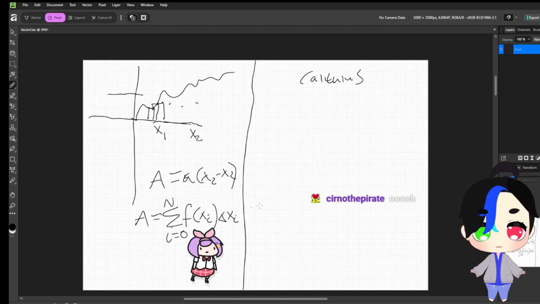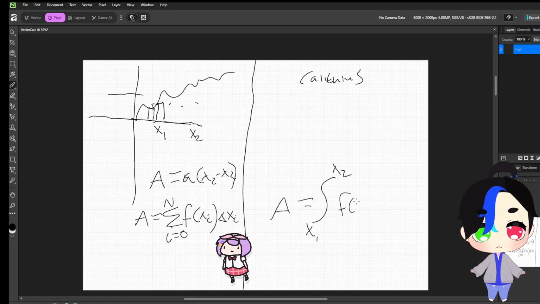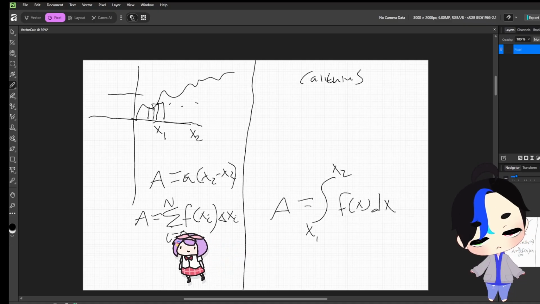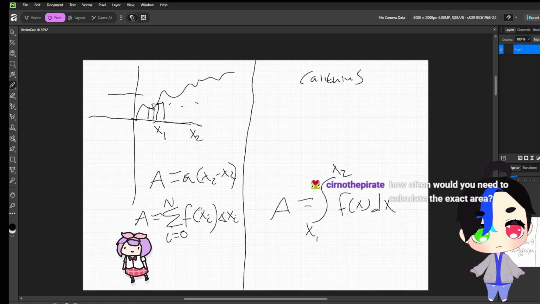you do some calculus magic, and this actually becomes the integral from x1 to x2 of your function dx. And as you can see, you can tell it's the same thing because you have the f of x here, your height of your rectangle, times your width.